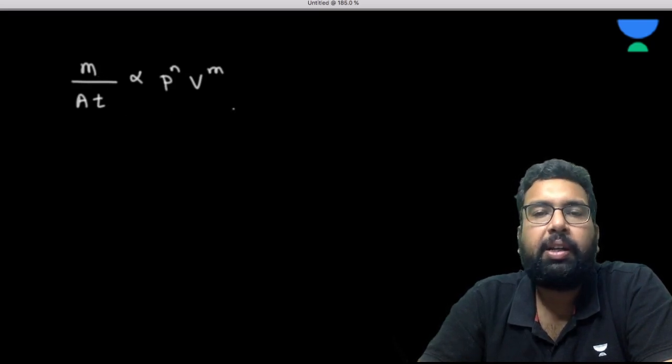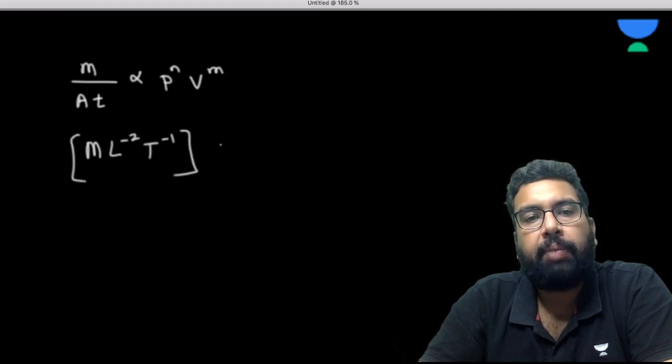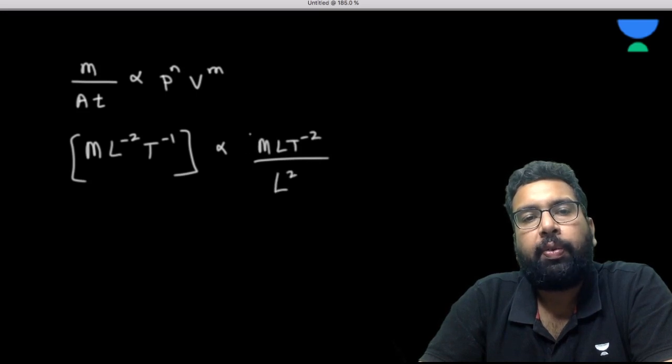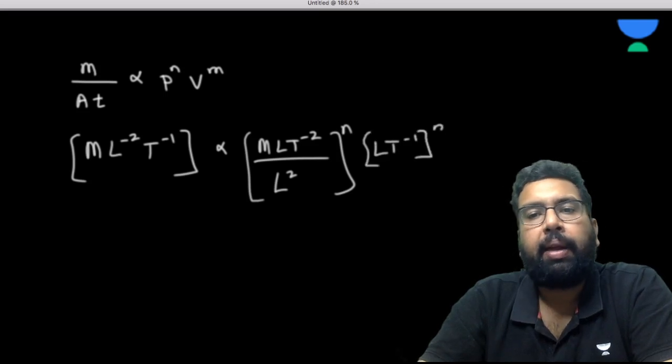See, we can do the dimensions like this. Mass M, L to the power minus 2, T to the power minus 1, is proportional to pressure, which is force upon area, M L T minus 2 upon L square, to the power n, and then V is L T minus 1 to the power m.